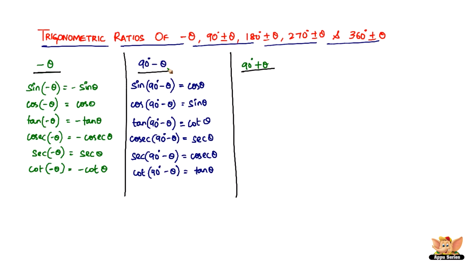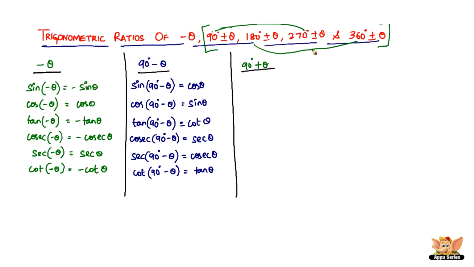If you observe carefully, there is the split into theta, 90, 180, 270, and 360. Well, minus theta is one case, but if you leave the theta part and consider these four, you can group 90 and 270 in one, and then you can group 180 and 360 in one.